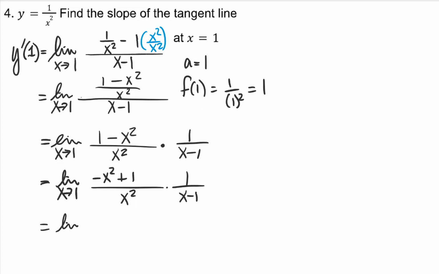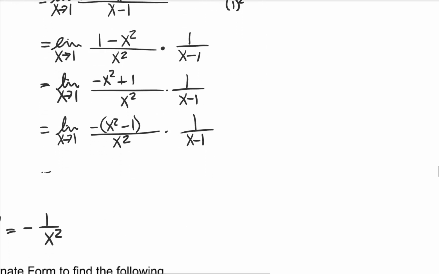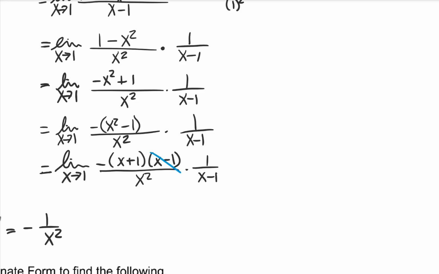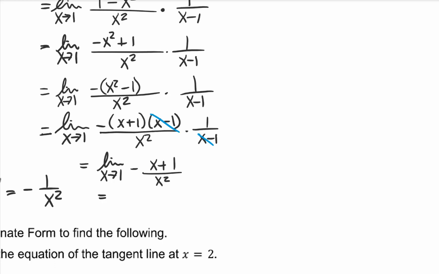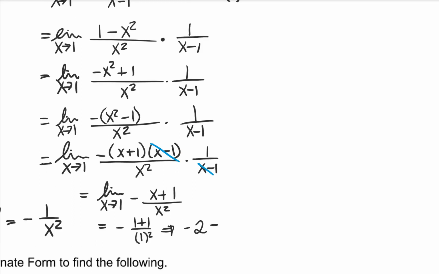And if I factor out a negative, I'd have x squared minus 1, which is the difference of perfect squares and will reduce with this x minus 1 in the denominator. Now we can direct substitute. And that is y prime at 1.